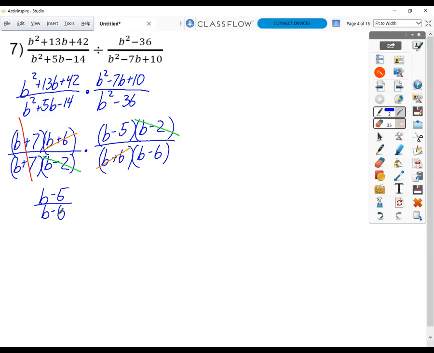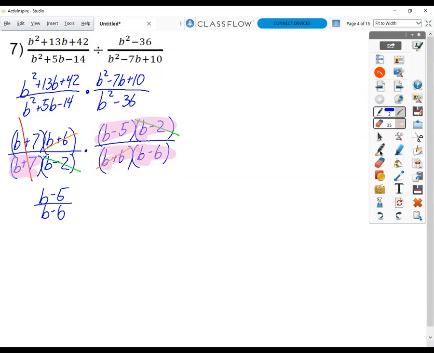And remember, I just set restrictions on each of my denominators, so on each of my terms. So I'm going to highlight everything in pink that has to have a restriction. So remember, it's everything in the second fraction. That's my b minus 5, b minus 2, b minus 6, b plus 6. And then anything in the numerator that wasn't covered. b minus 2 is covered in the green. b plus 7.